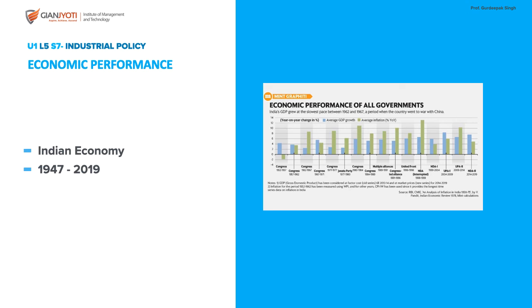So after independence, if you look at the period from 62 to 67, that is this period, this was when we were at war with China. So this is where our GDP was at its lowest, because all the concentration was to save our country from China.